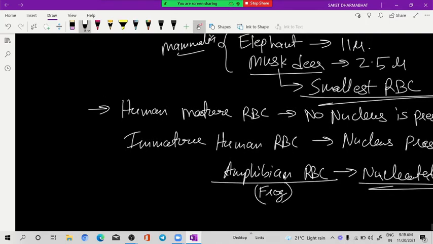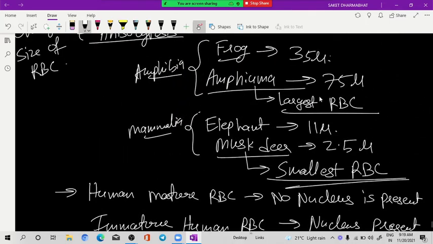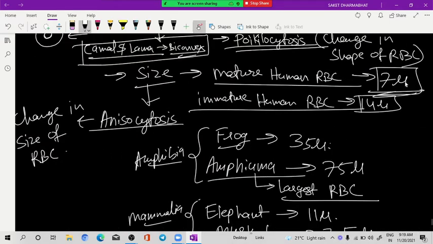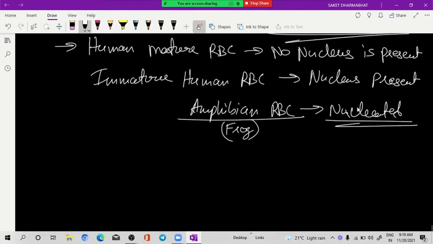So that's why the RBC of frog is greater than RBC of human. See, what is the size of RBC of frog? 35 micron. Human RBC is how much? 7 micron. Means 5 times greater. 7 fives are 35. Means frog RBC is 5 times bigger as compared to the human RBC. Reason is what?